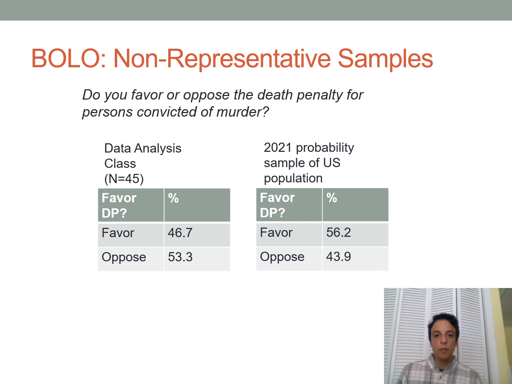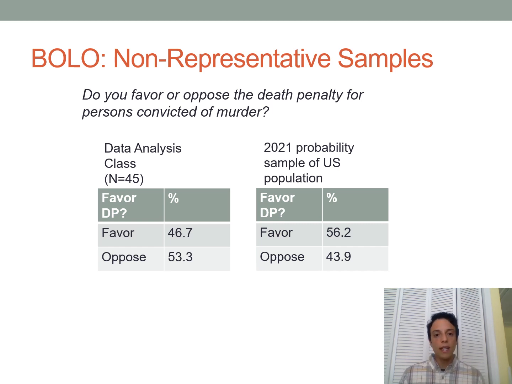More people favor than oppose the death penalty: about 56% of the US representative sample says they favor it, and a little under 44% oppose it.